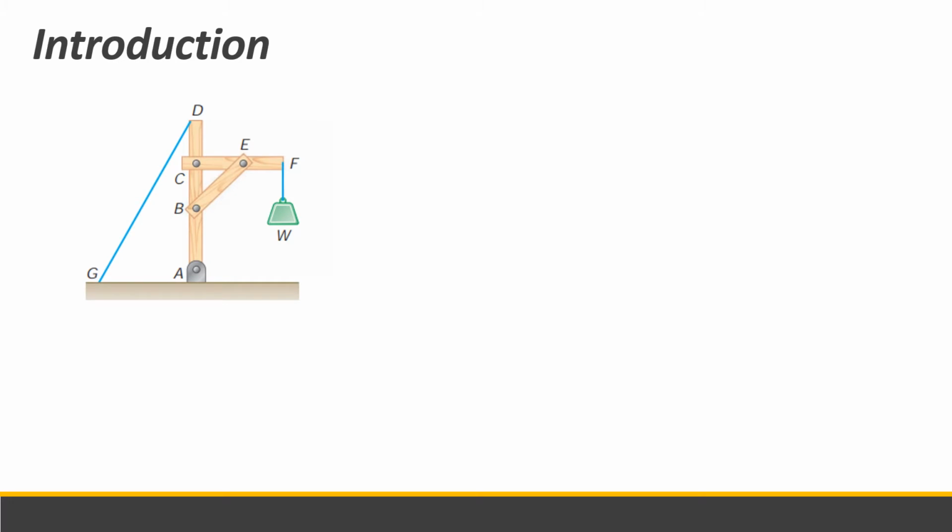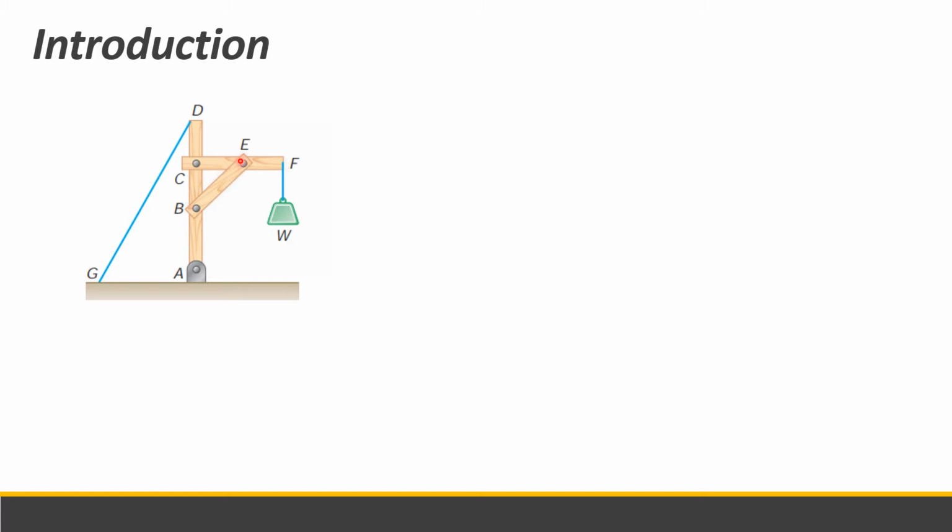Okay, so consider, for example, this crane, which carries a load W. The crane consists of three beams, which are members, AD, CF, and BE, connected by frictionless pins.